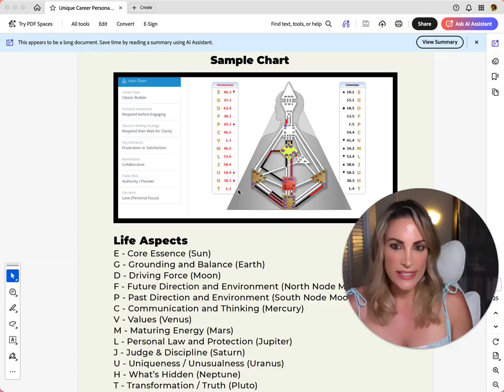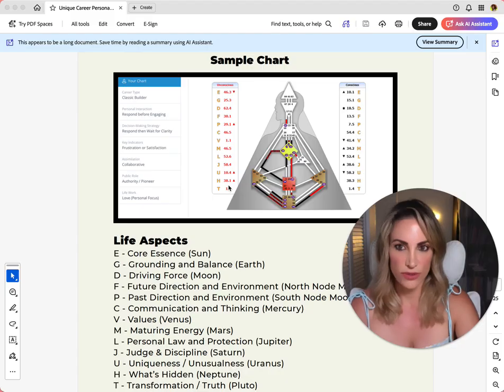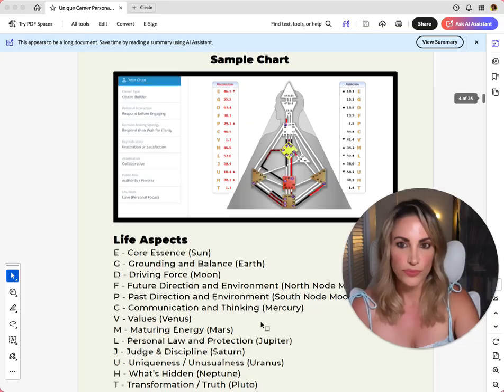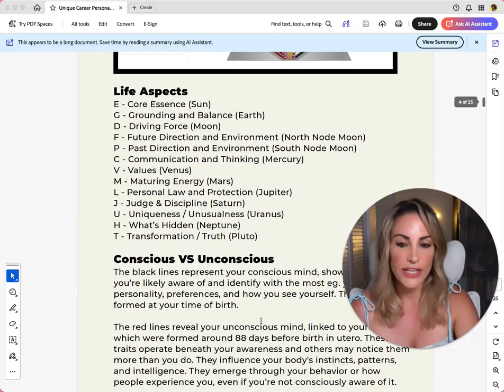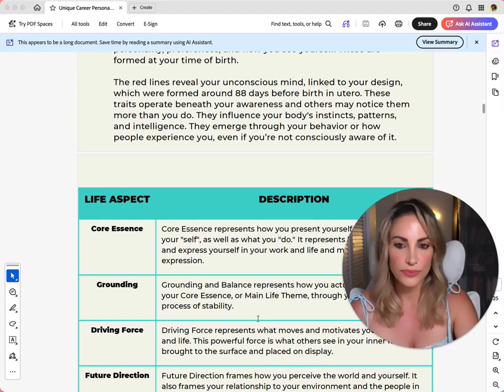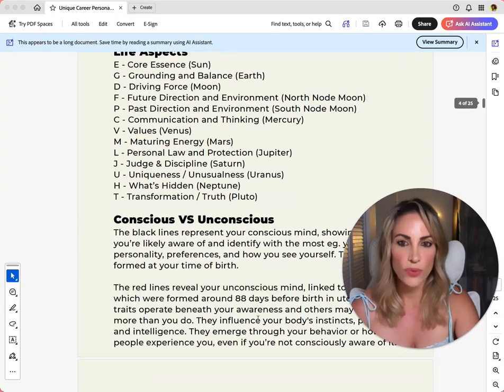The first thing you're going to see is your career type. There's 4 career types, okay? And in this PDF, I have an overview of each of these types, and we'll get into that.